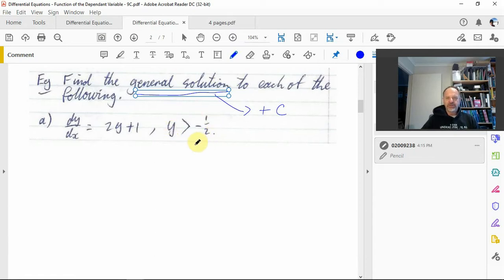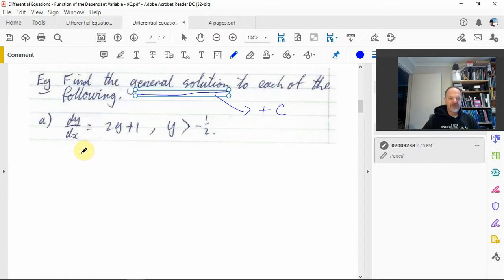We don't need to worry too much about that now, but later on we're going to use that. If we put y as negative a half in there, you'll find that the derivative here is going to be greater than 0. But anyway, I'm getting ahead of ourselves.